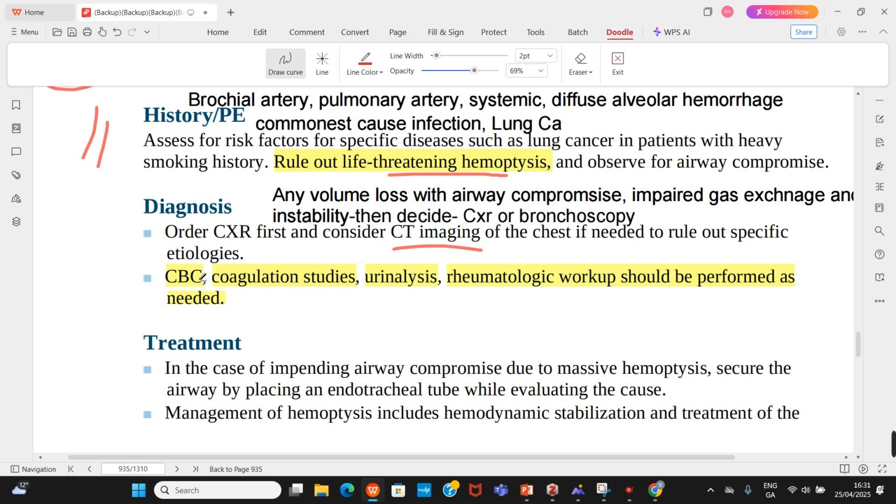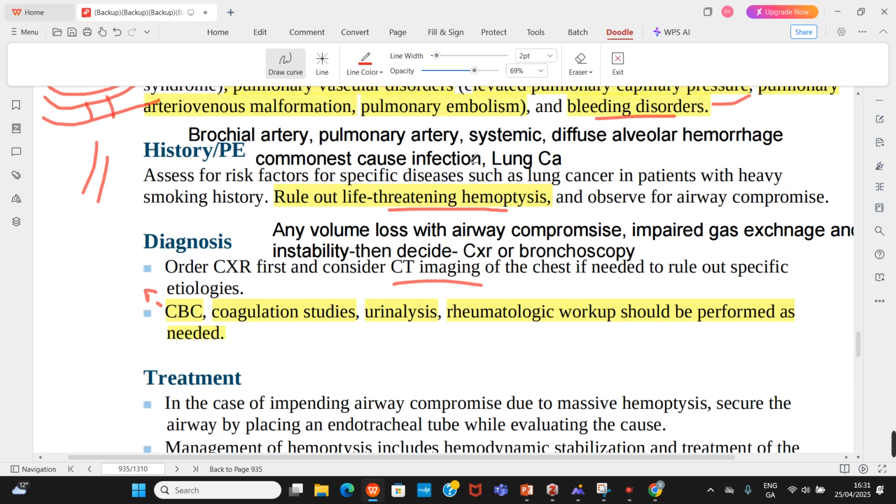And you want to do your ancillary investigations like complete blood count, coagulation study for the bleeding disorders, urinalysis. Anybody know why you want to do urinalysis? Does anybody have an idea from the causes we have mentioned? Histoplasmosis? No. Histoplasmosis can never be ruled out with urinalysis.